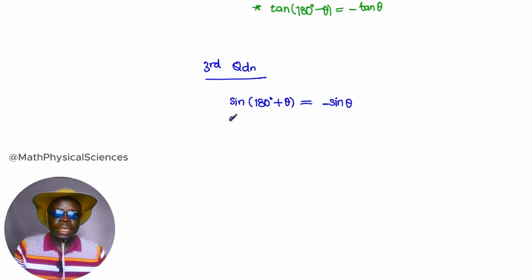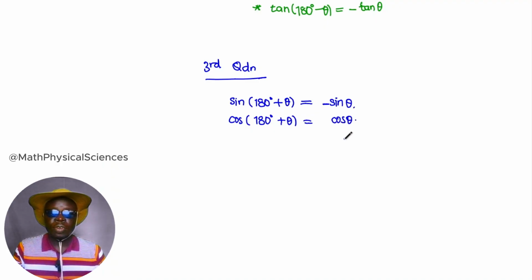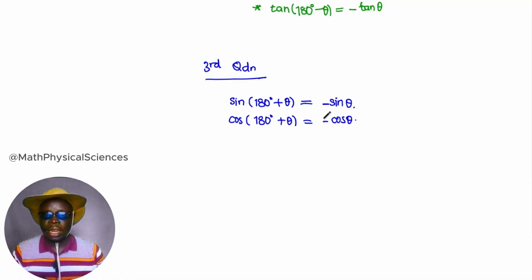Now let's move to cosine, and we have here cos of an angle 180 degrees plus theta equals cos of that angle theta. Now cos is positive in the first quadrant and the fourth quadrant. So for that case, since it is the third quadrant we're dealing with here, then this one must be what? Negative.